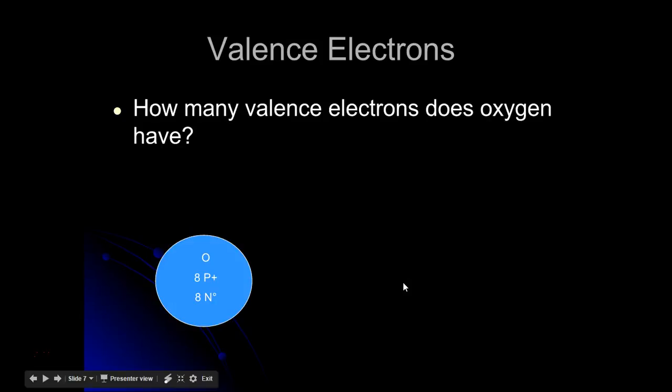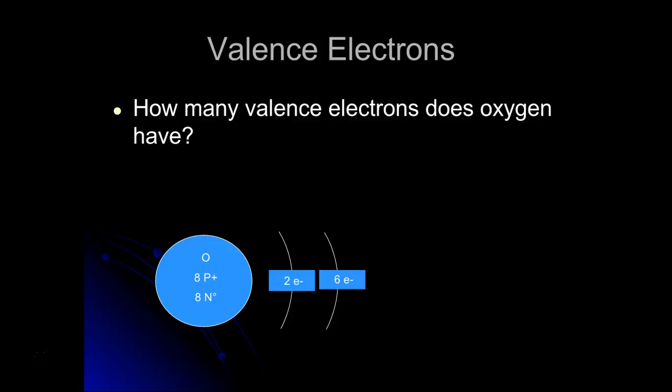So now, if we look at oxygen, we have 8 protons. In our first 2 shells, we get those 8 electrons to balance it out. We know that this second shell can have a maximum of 8, so oxygen is a somewhat unstable element. It wants to bond with something that can provide 2 more electrons, something such as hydrogen.